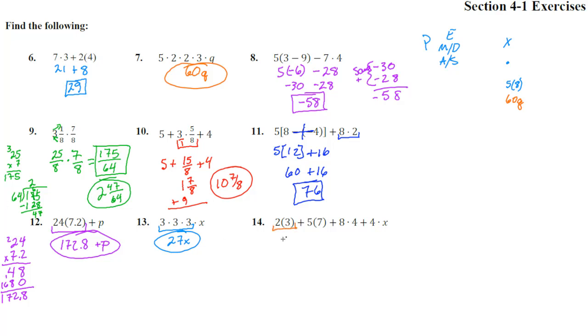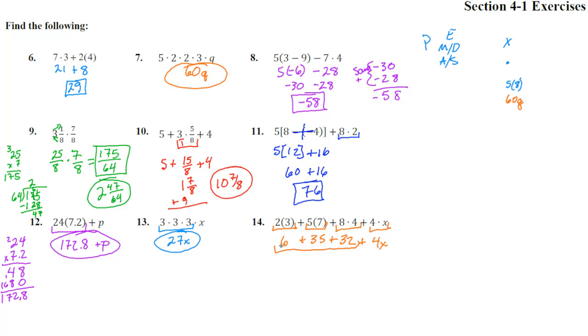Number 14. This is multiplication glued together as a 6. That's multiplication glued together as a 35. And this is multiplication as a 32. And that's multiplication as a 4x. Now, notice that 4 can't add until it multiplies to that x. So the rest of these guys can add up because they're just like normal numbers.